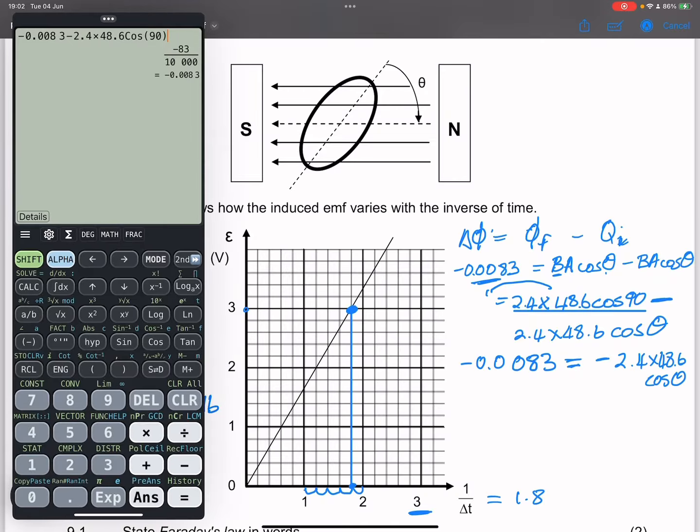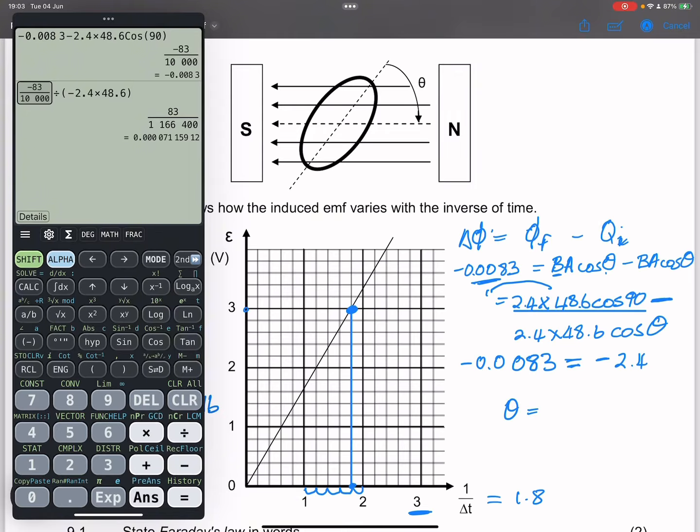So what I'm going to do is I'm going to take all of that and divide by negative 2.4 times 48.6. Okay, and that's the answer that I will get over there, right? And in this case, I want to find out what is the angle theta. So I am going to take that answer and, oh, and by the way, sorry, I made a mistake here.